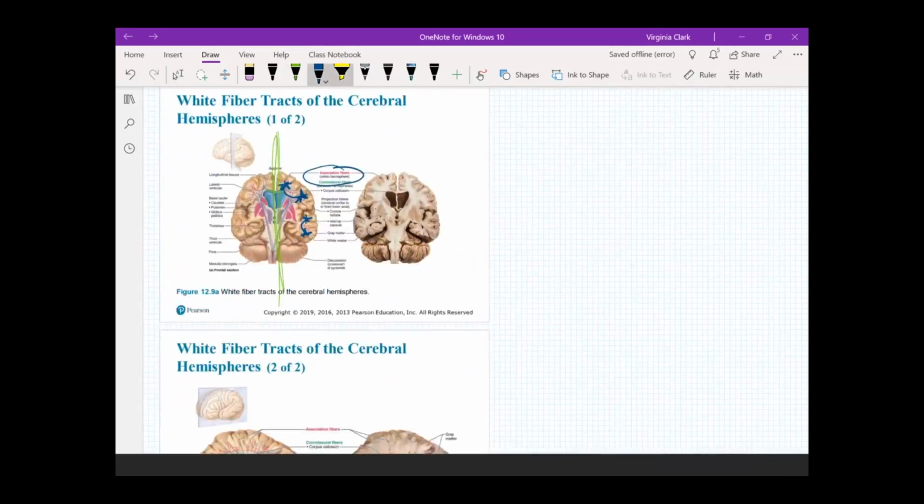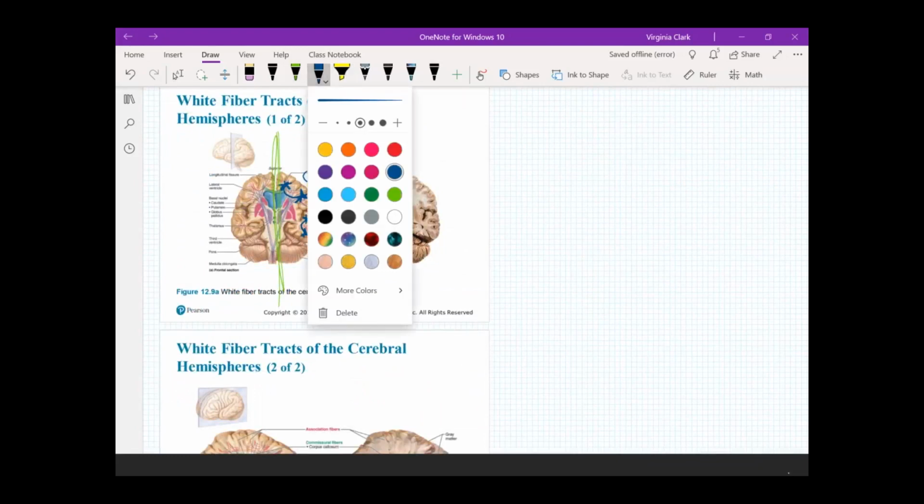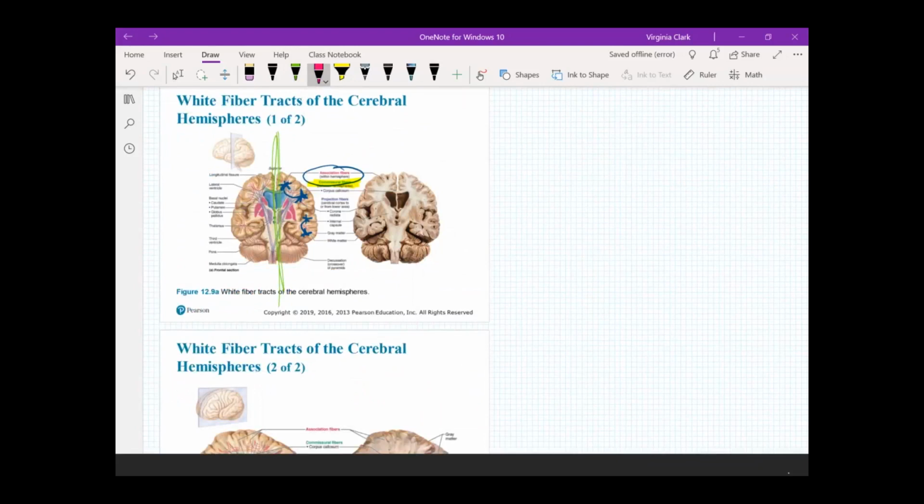Our commissural fibers, I covered it up, I apologize, are going to be the ones going from side to side. You can see these here, there's some commissural fibers there, and they are running and connecting side to side. The biggest one is your corpus callosum, which is the major pathway between the right and the left side of the brain.